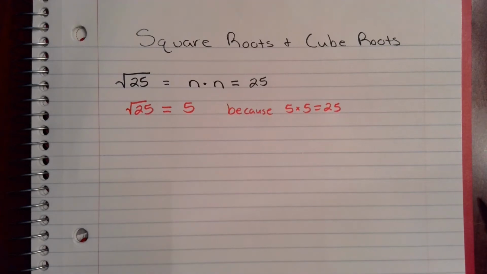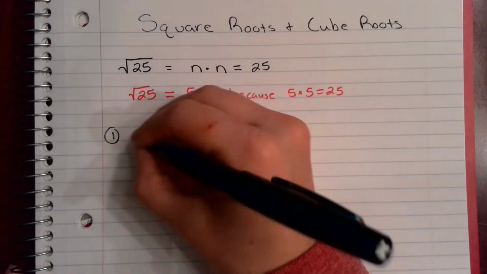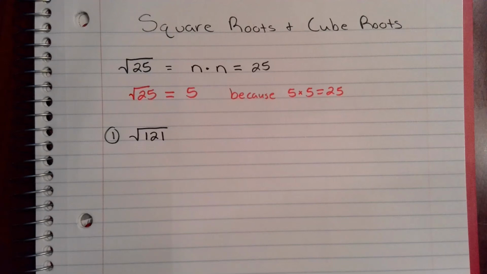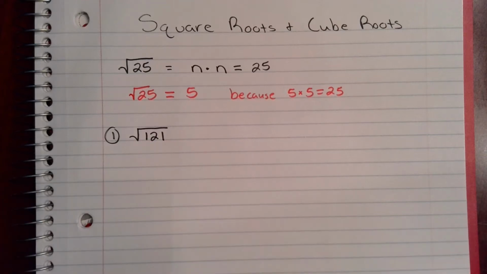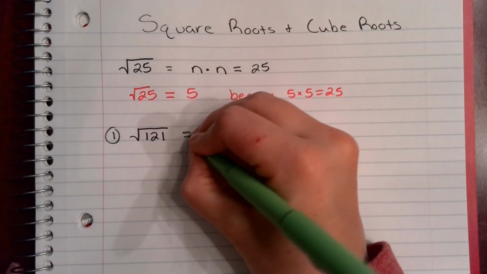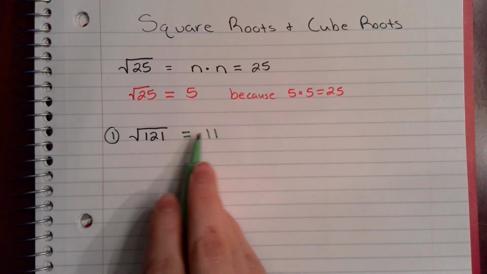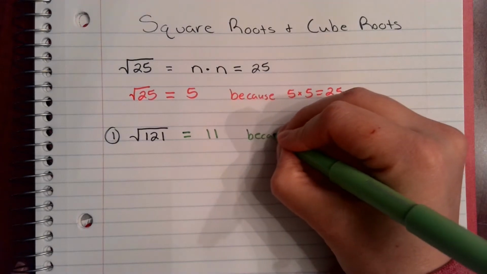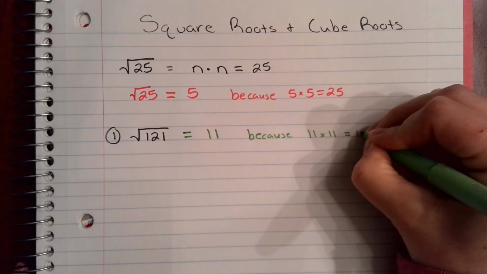Okay, let's take a look at a couple of examples. If I say the square root of 121, I'm trying to figure out what times itself is going to equal 121. So in this case, 11. The square root of 121 is equal to 11, because 11 times 11 equals 121.